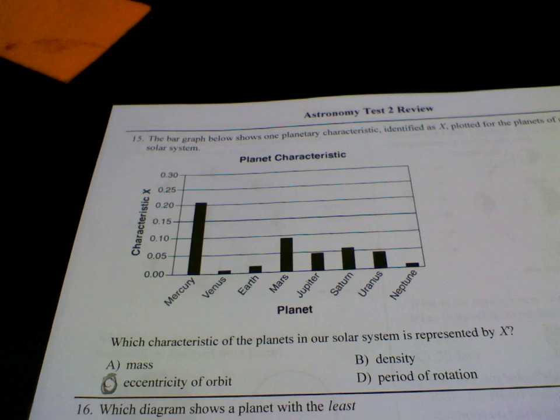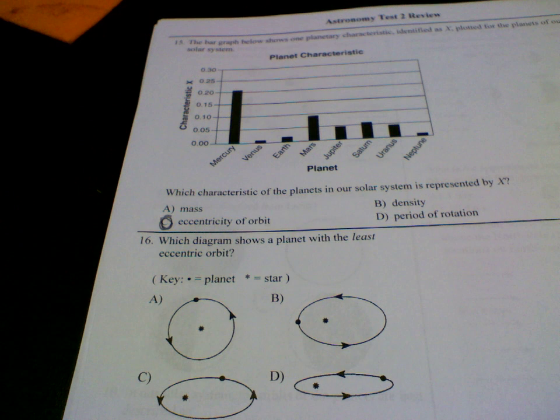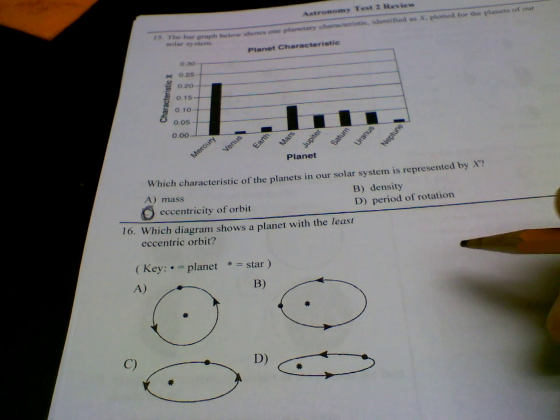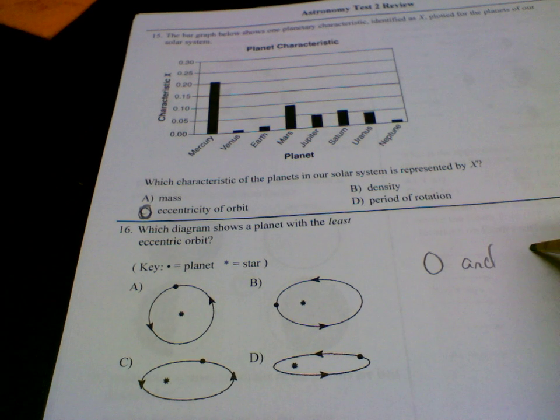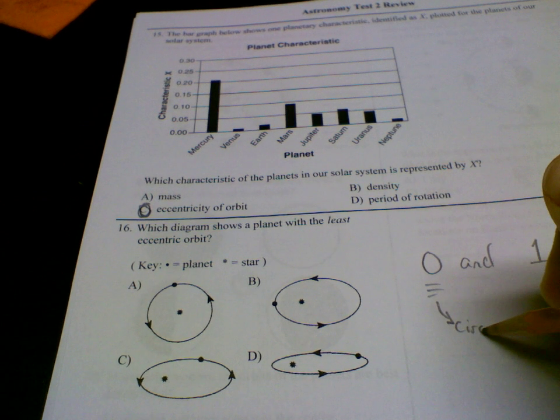Good. And then lastly, number 16, another question I noticed people were flip-flopping on in the question sheet I had given earlier. Which diagram shows a planet with the least eccentric orbit? So remember, eccentricity is always between 0 and 1. 0 looks like a circle.